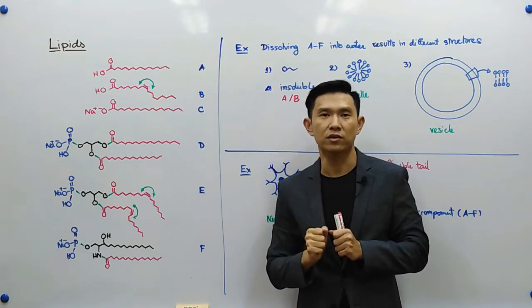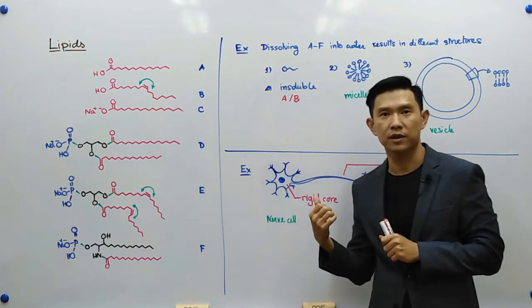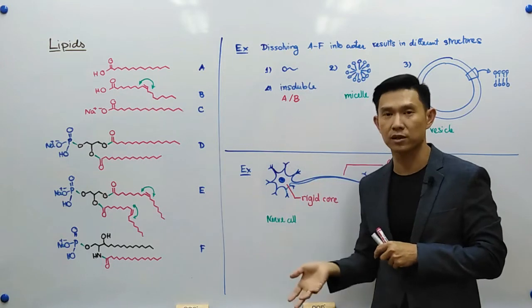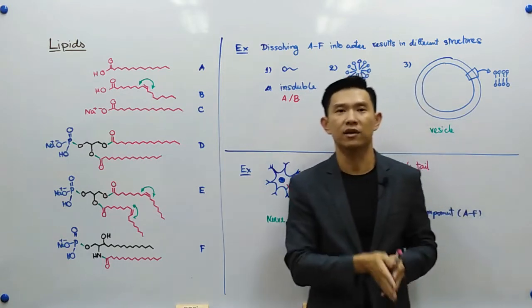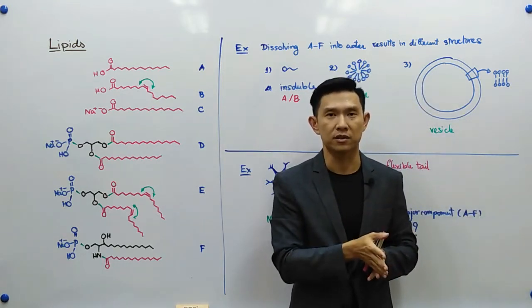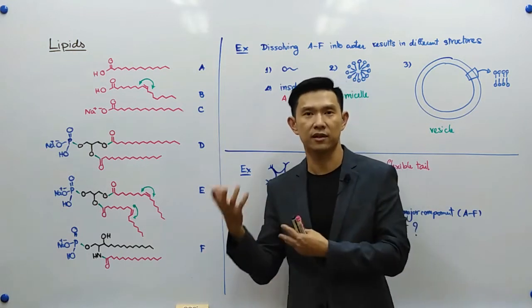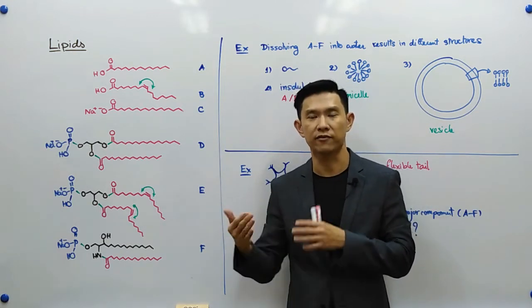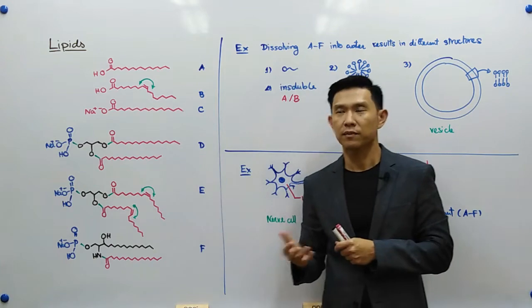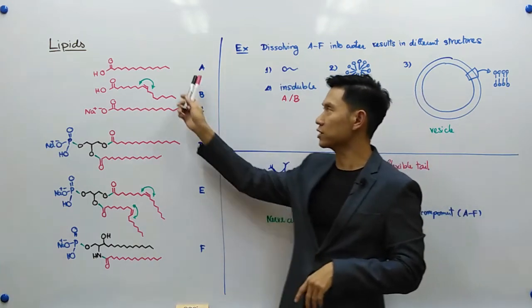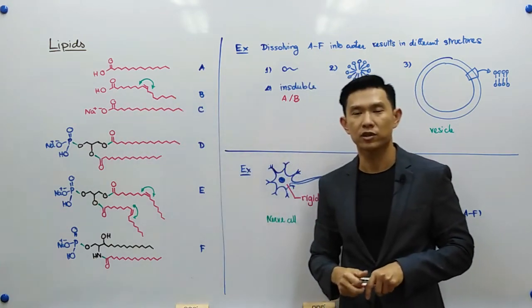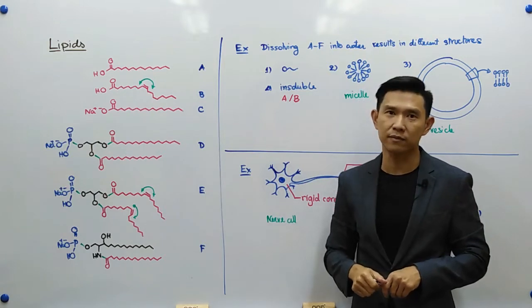So if you want this fatty acid to be easily dissolved into water, you have to cut down the non-polar part or facilitate the polar part to have interaction with the water. But the non-polar part is carbon-carbon single bonds, which are very strong. You cannot just cut them down.